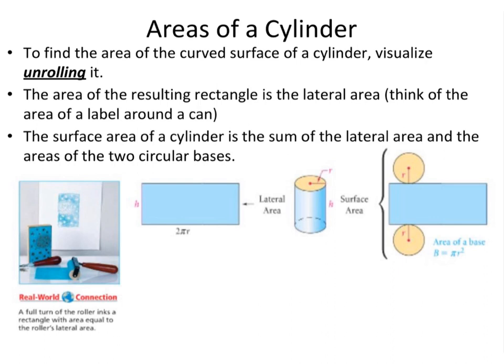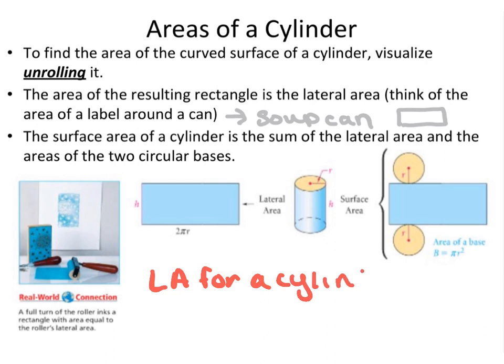It's like the label of a can: if you were to unwrap a soup can, it would form a rectangular shape. So the surface area is still the lateral area plus the sum of those two bases. However, the key takeaway from this slide is that the lateral area for a cylinder is a rectangle.